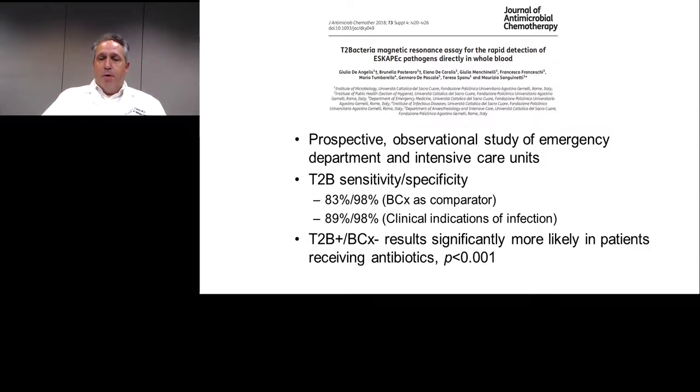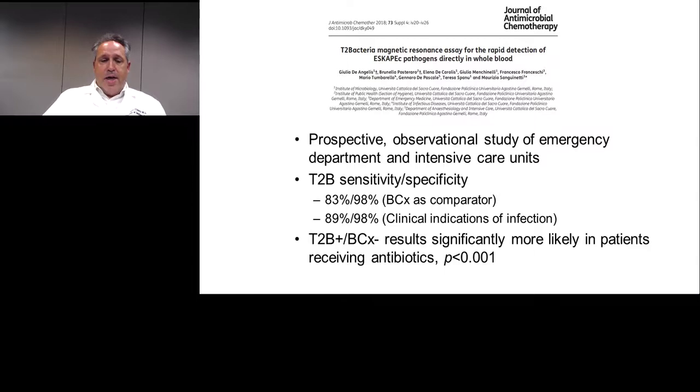And what they found in their experience in the Italian study is sensitivity and specificity of T2 bacteria of 83% and 98% respectively, using blood culture as your gold standard. However, if they use clinical indication of infection, similar to what we did with probable or possible infection in the pivotal study, the sensitivity and specificity improved to 89 and 98%. So virtually identical to what was seen in the pivotal study.